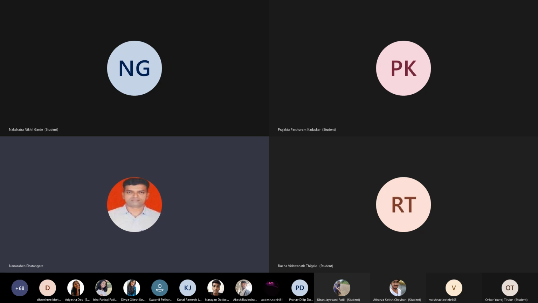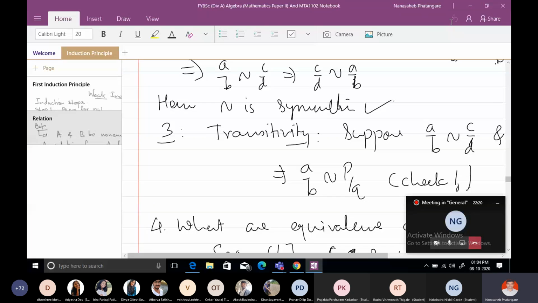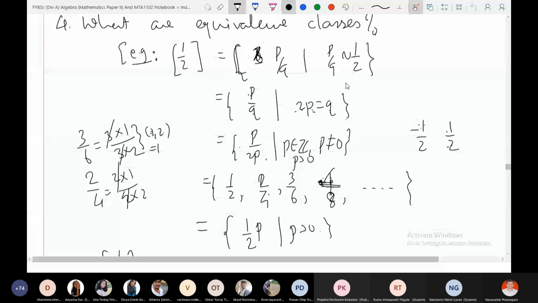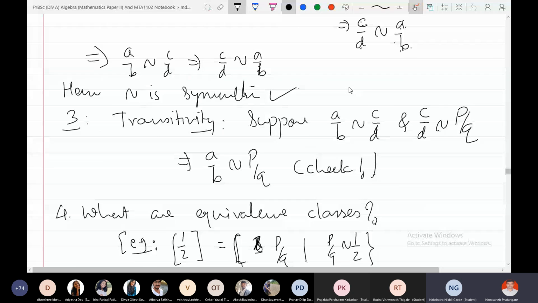Okay, so do you remember what we were talking about last time? What we were talking about in the previous session? Okay, so about equivalence class.